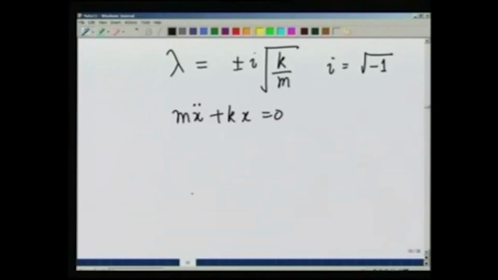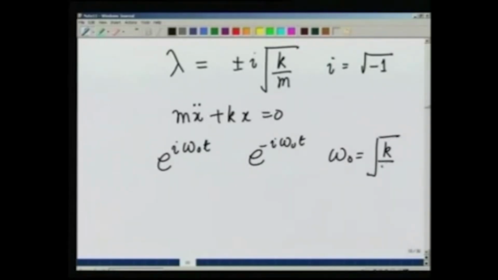The two solutions are e raised to i omega 0 t and e raised to minus i omega 0 t, where I am writing omega 0 to be equal to square root of k divided by m, so that lambda that I wrote earlier can be written as plus or minus i omega 0.